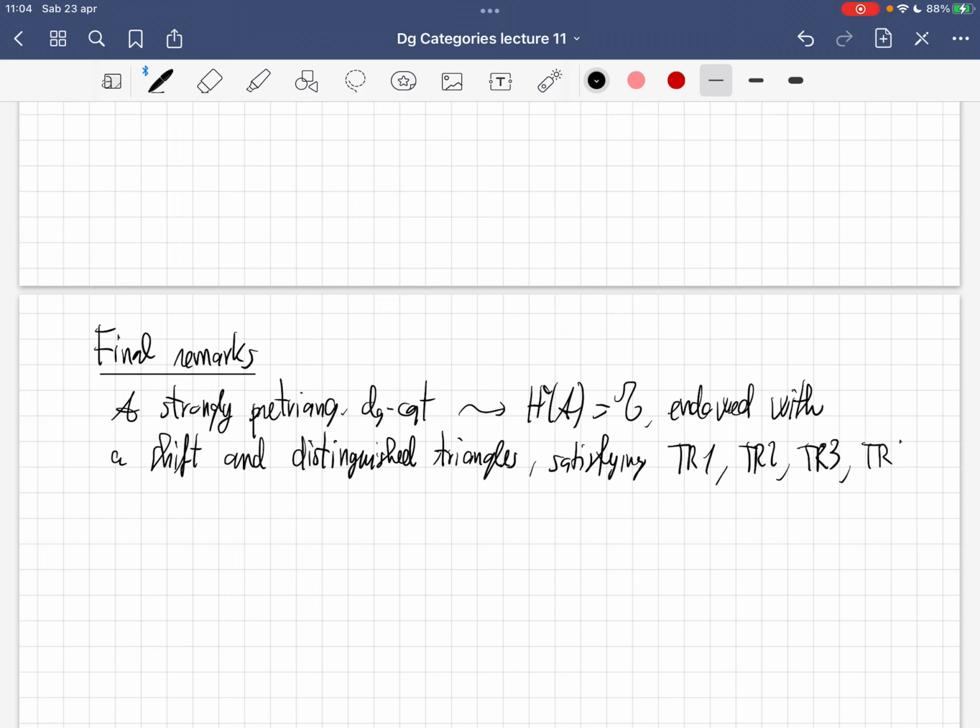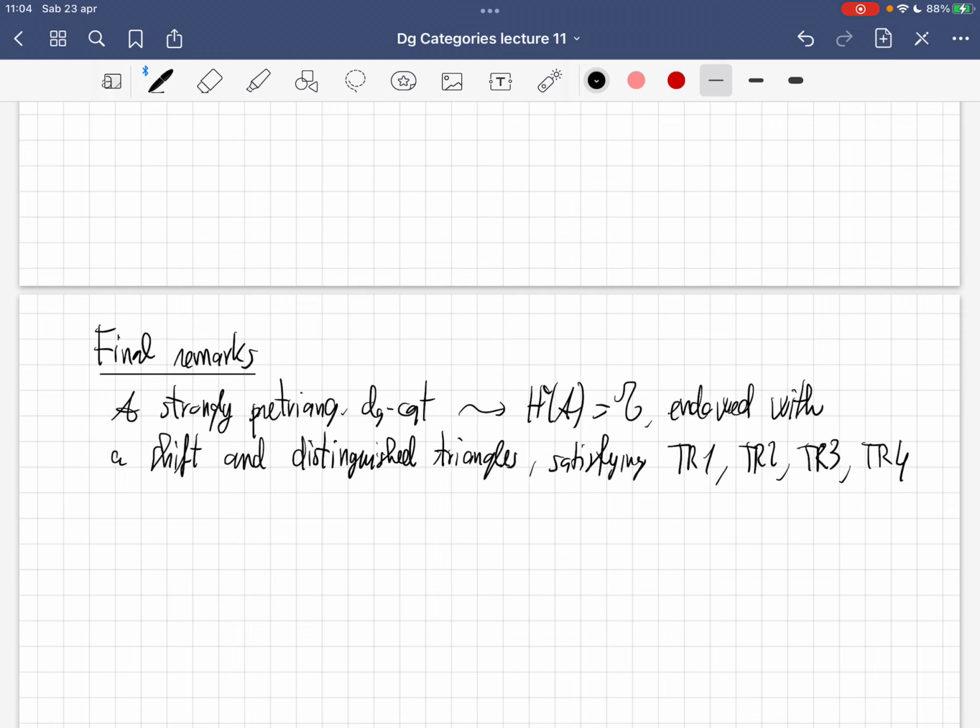There is also another one which I didn't tell you, which is called TR4. It's kind of the most difficult one to prove. It's quite involved, and so we didn't do it. And it's also not much used, so whatever.